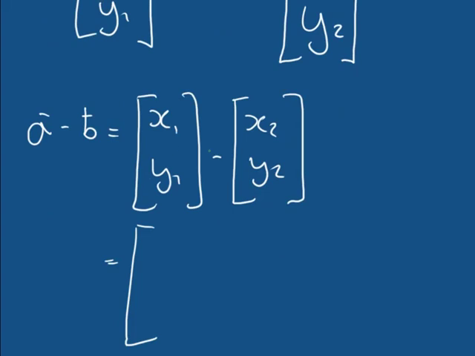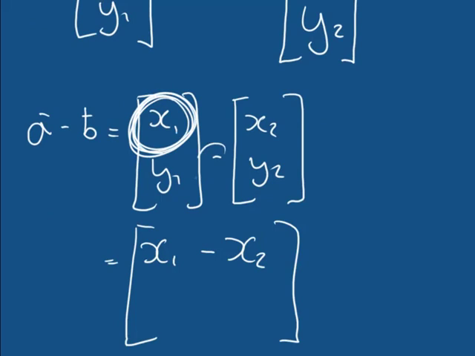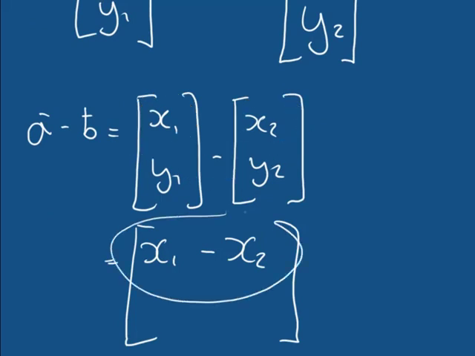So much like addition, but instead of adding, we're now subtracting. So we're going to have x1 minus x2, and that's going to be the first component of the resultant vector.